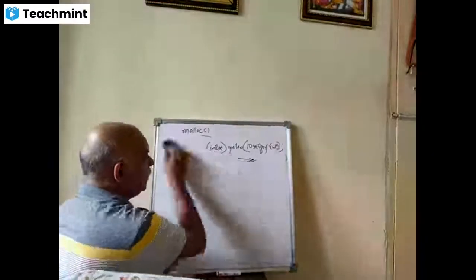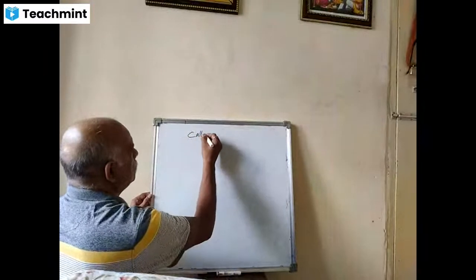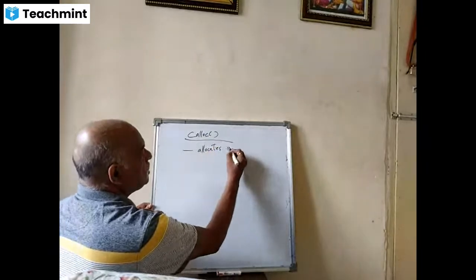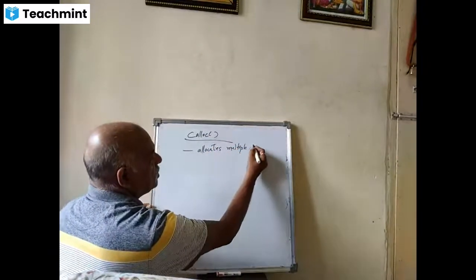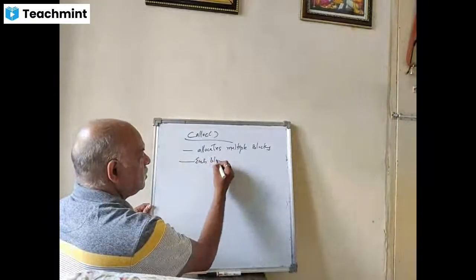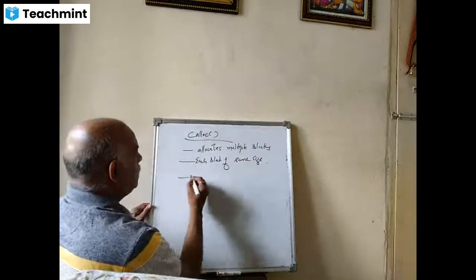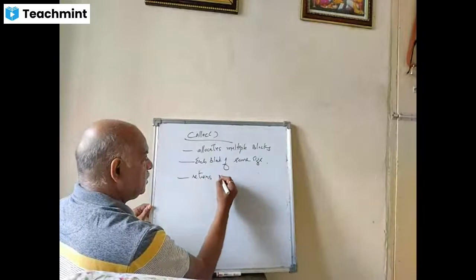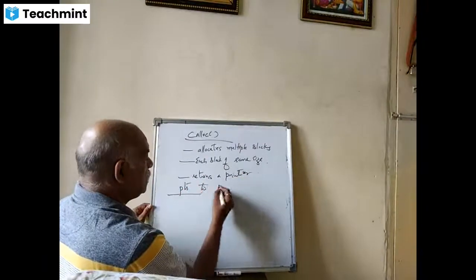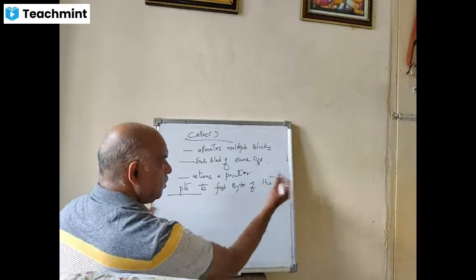Nothing more is there. Okay. Regarding calloc, it allocates multiple blocks, each block of the same size, and returns a pointer that points to the first byte of the first block.